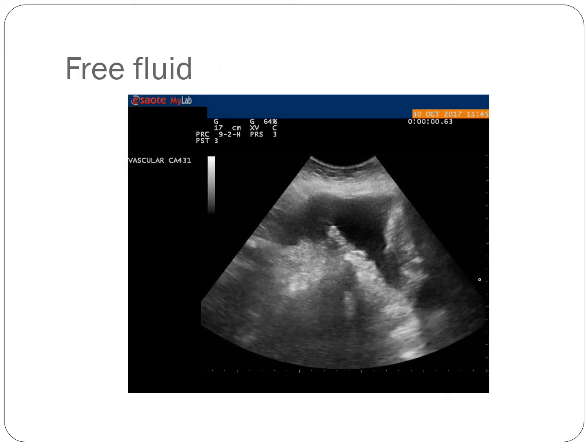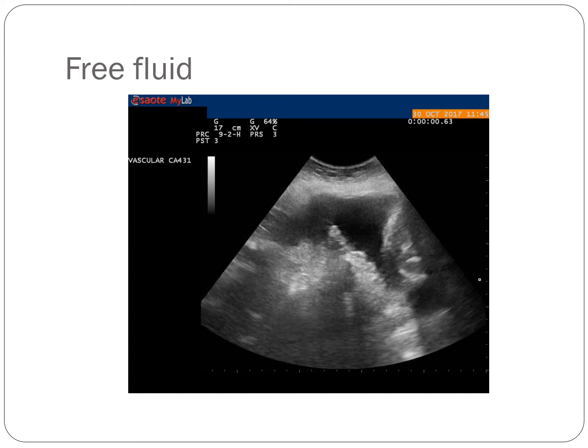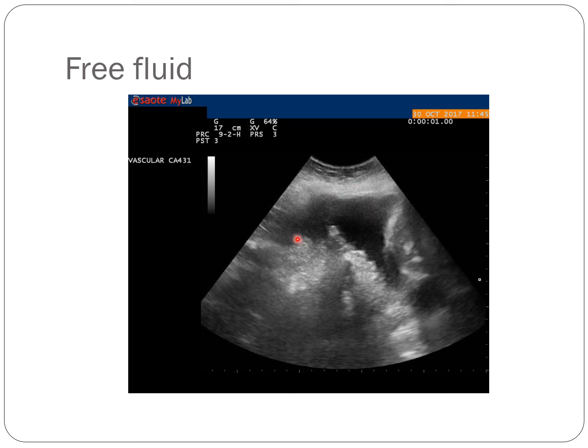Now, as I mentioned before, we can use the technique of eFAST scanning not only to assess the potential of bleeding in the abdominal cavity, but also the potential of any kind of free fluid in the abdominal cavity. So here you can see the suprapubic view, and you can see the free fluid and compressed bowel loops.